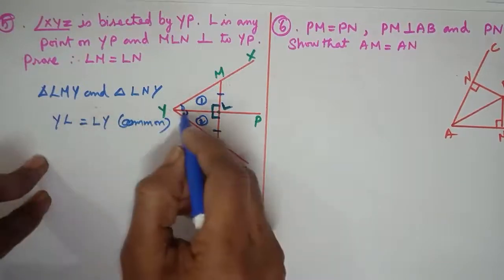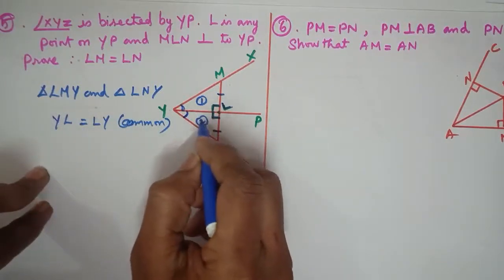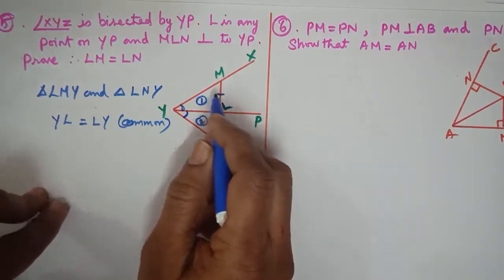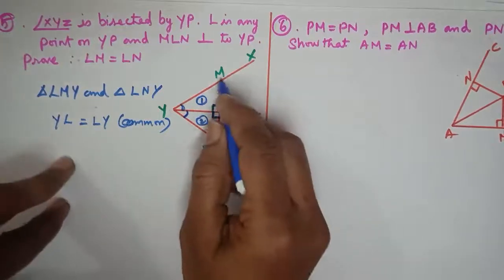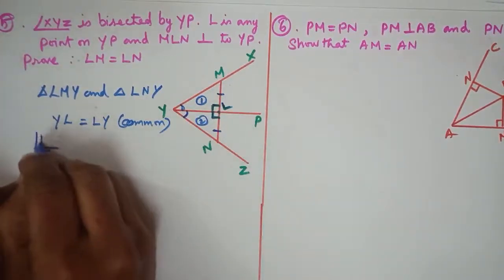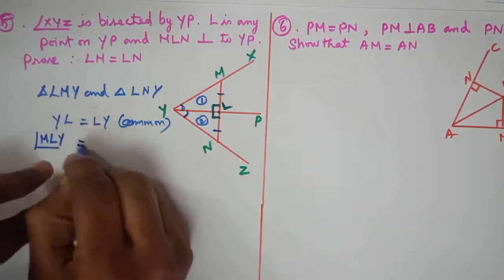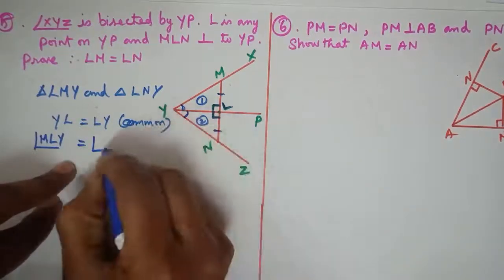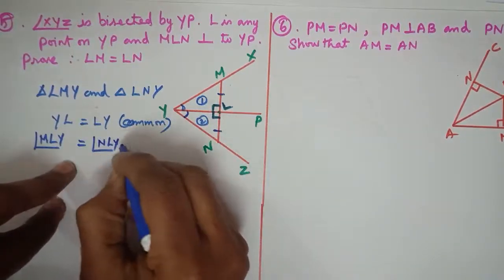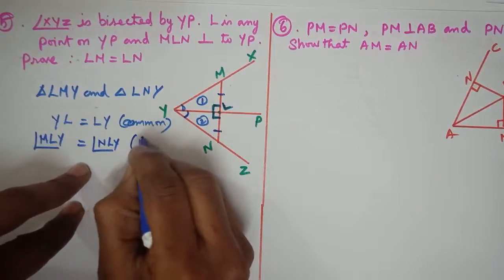Then students listen, angle MLY is equal to angle NLY, because of the right angle.